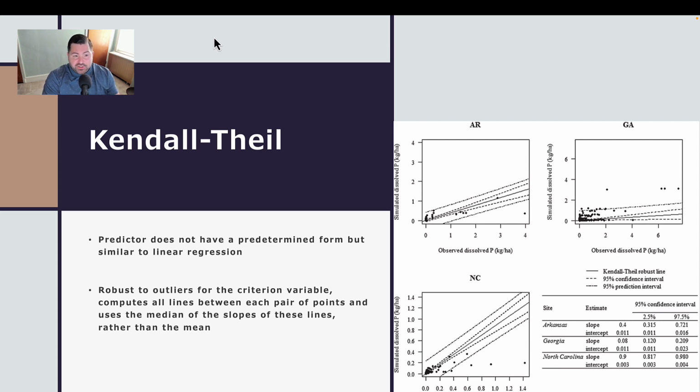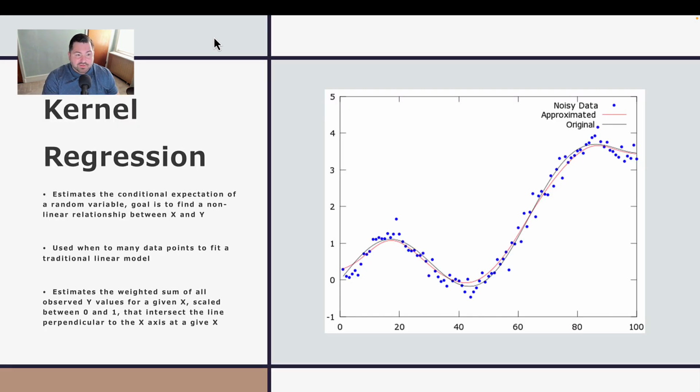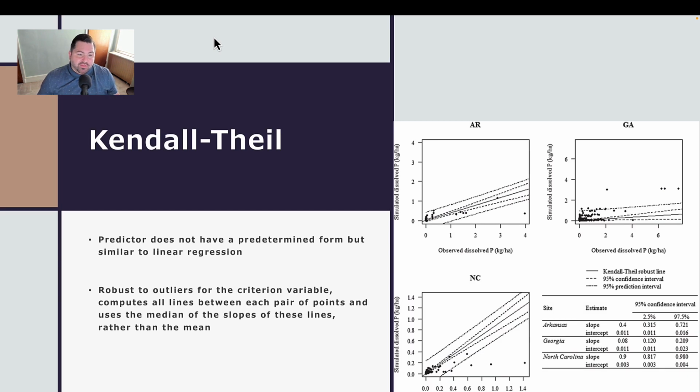The first of these two is what's known as the Kendall-Theil statistic. And the key distinction between Kendall-Theil versus kernel is that with Kendall-Theil, the X predictor does not have a predetermined form, meaning sample form, standardized score form. But the process and the thinking behind how it's used is rooted in linear regression.